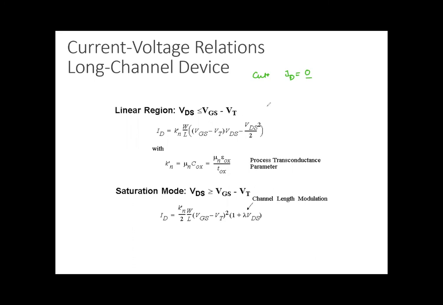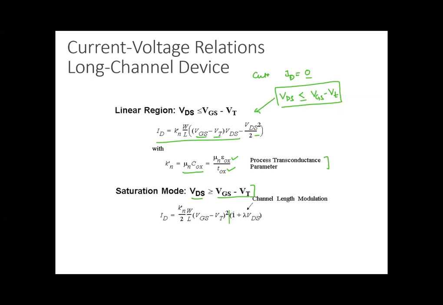When your device is in linear mode, when your drain source voltage is less than or equal to VGS minus VT, that is called overdrive voltage, then this is the equation: K and S, where K is a process dependent parameter, mu Cox. Cox is your oxide capacitance, epsilon ox by Tox, times VGS minus VT, and VDS square. And when your device is operated in saturation mode, then VDS is going to be greater than VGS minus VT.